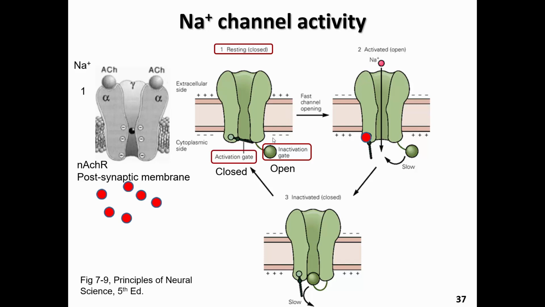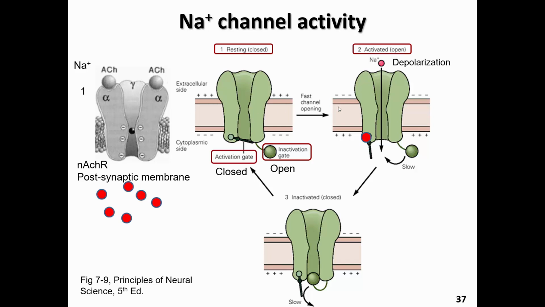And when that happens, we see that the negative state of the membrane potential on the inside switches over to the positive state, and that was the positive 30 millivolts at the peak of the depolarization. And that results in what's called fast channel opening.